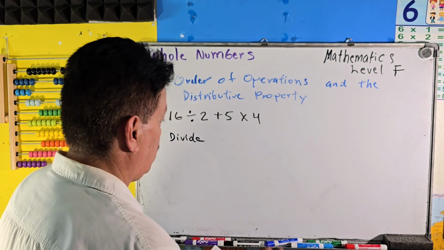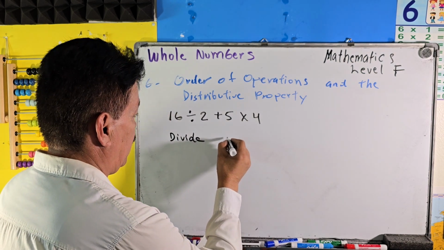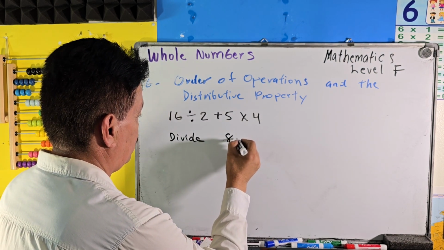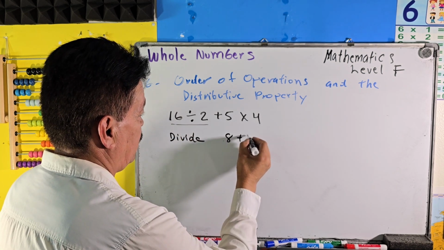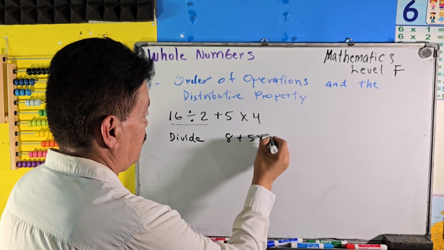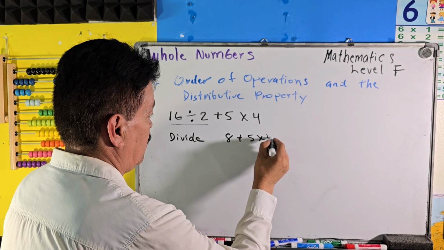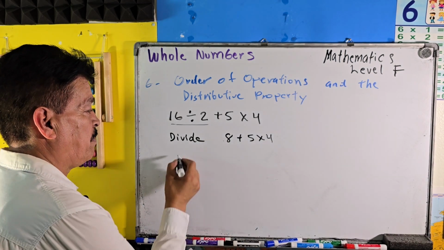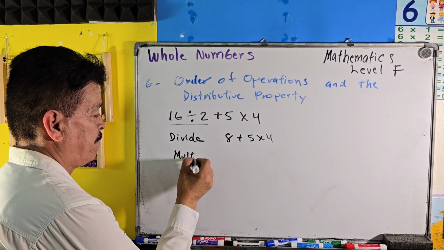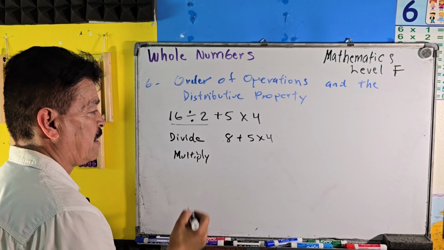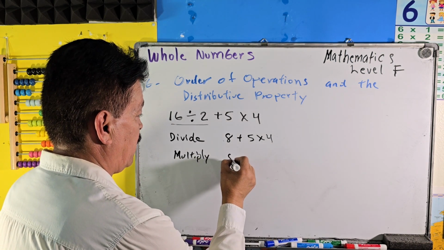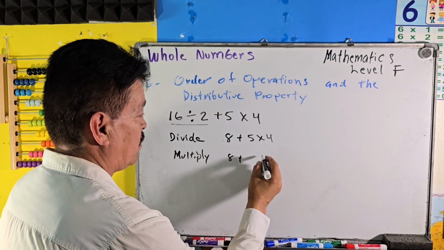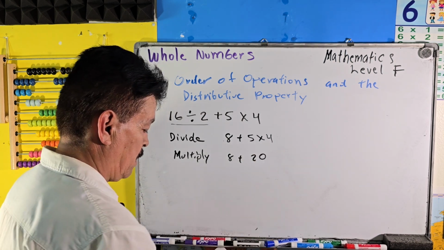If we divide it, we will have 8 plus 5 times 4. Okay, now multiply, remember, from left to right. So we write 8 plus 20, since 5 times 4 is 20.